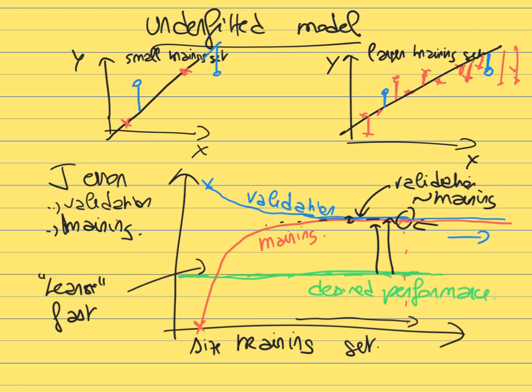You need to increase the polynomial degree. You need to go to a more complex model, like maybe an artificial neural network, so that you have a model that can better interpolate the relationship between the input and the output. So that's going to be the solution in this case.